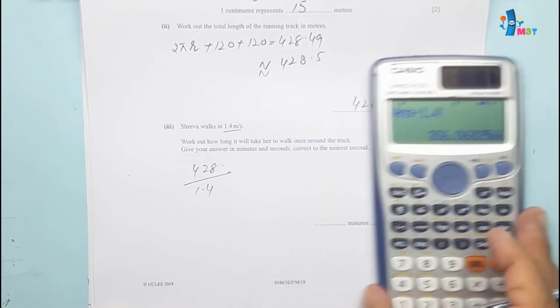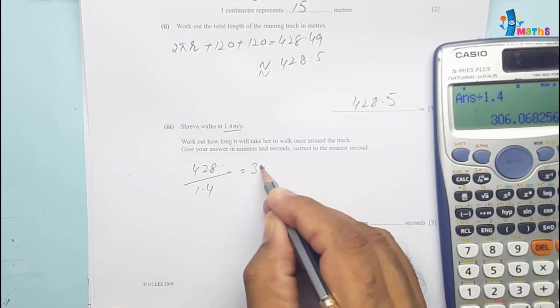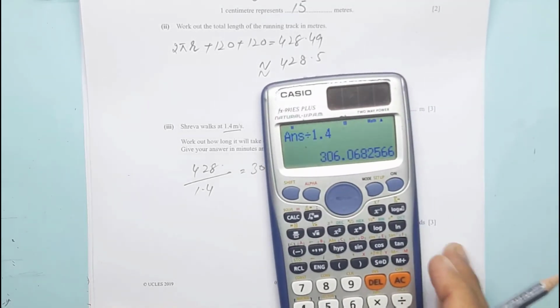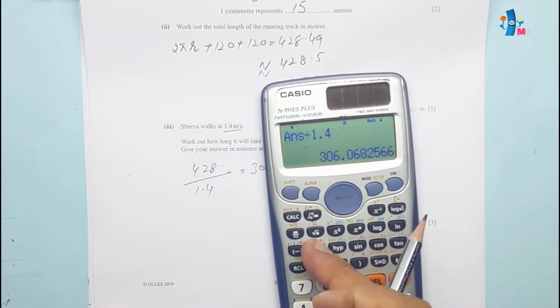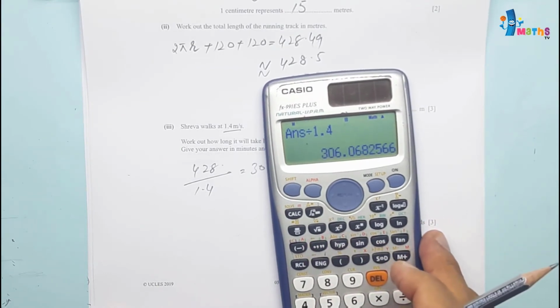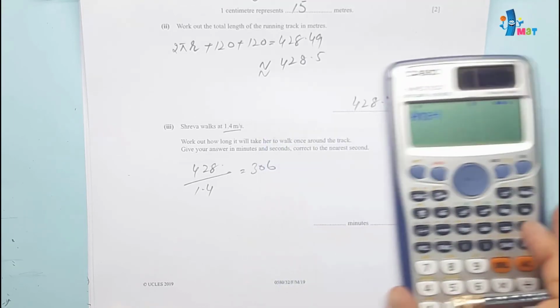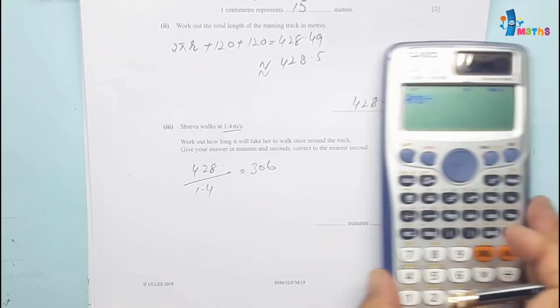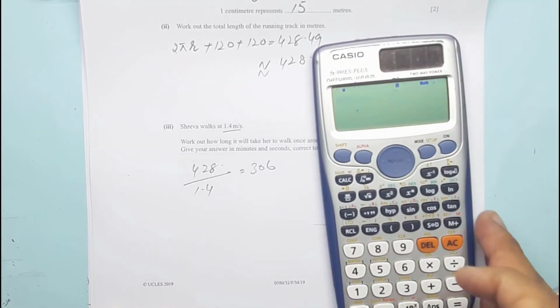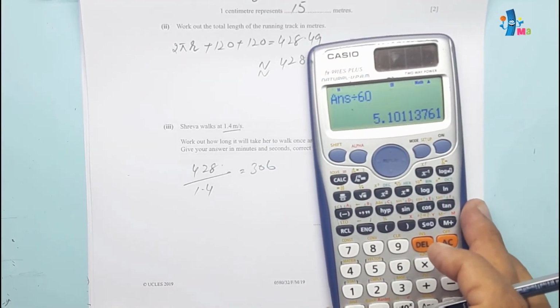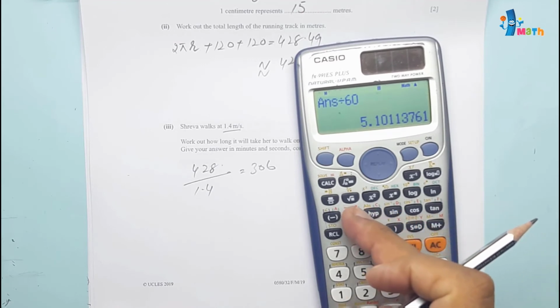306, which is 306. And if we change this into minutes, if we divide this by 60, because we need this in minutes, divided by 60 will be equal to 5.10, and we'll press the time button.